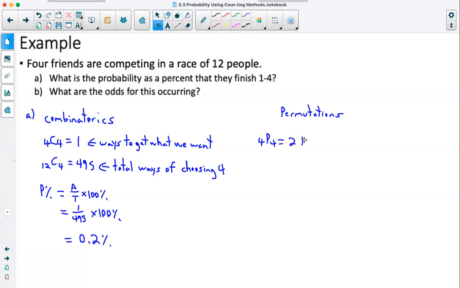So that's going to give us 24 different ways they can finish in the top 4. Meanwhile, 12P4 is going to be the total amount of ways of finishing 1 to 4.